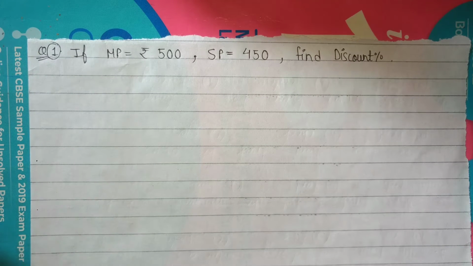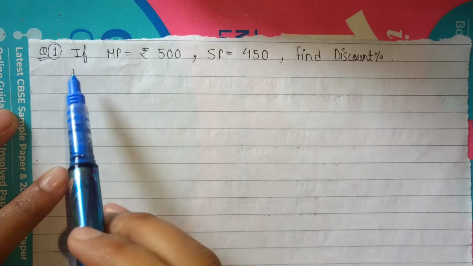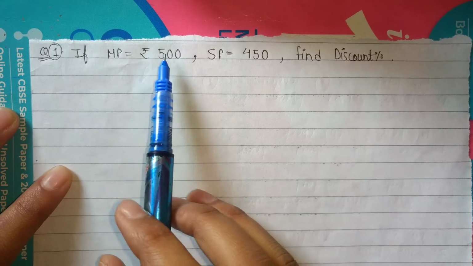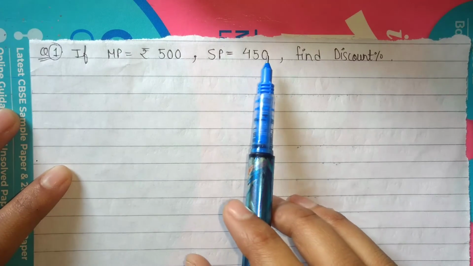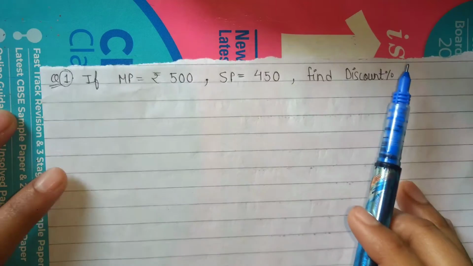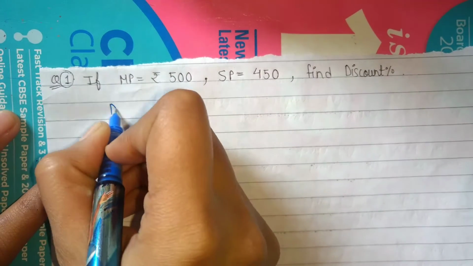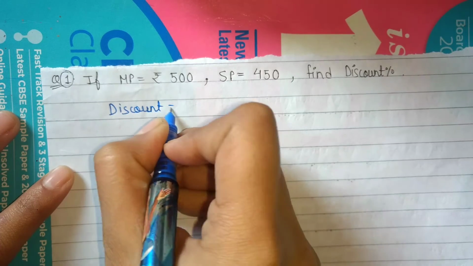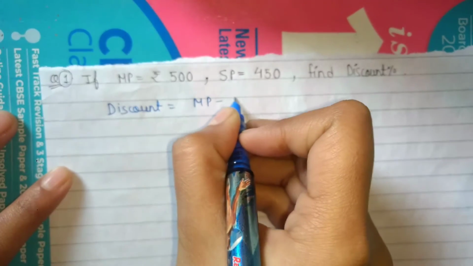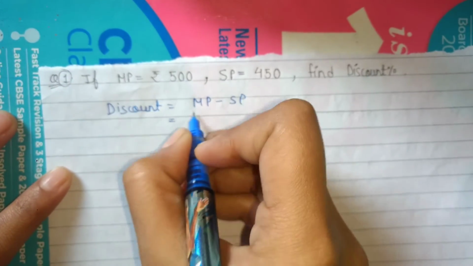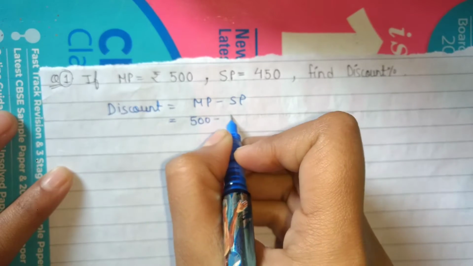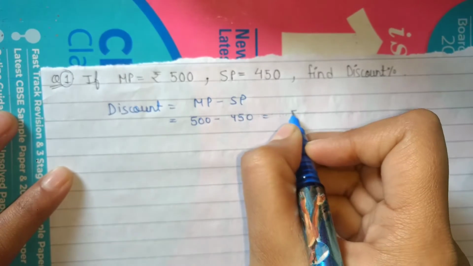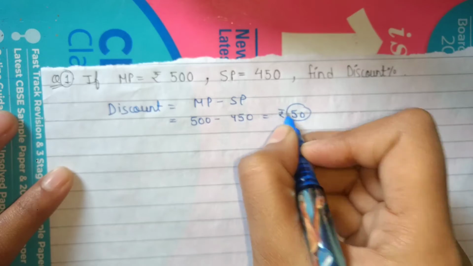So let's solve some questions related to discount. Here it is given that MP is equal to rupees 500 and SP is equal to 450, then find discount percent. Since we know that discount is equal to MP minus SP, MP is 500, SP is 450, so the discount is rupees 50.